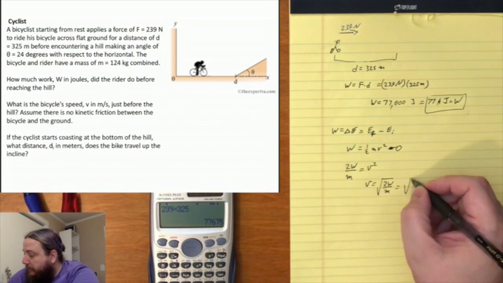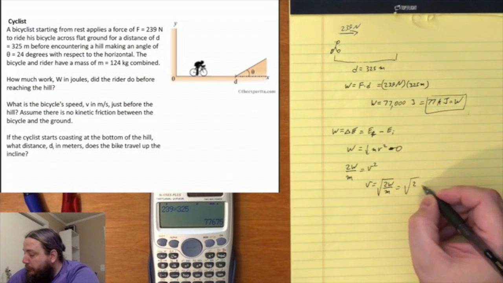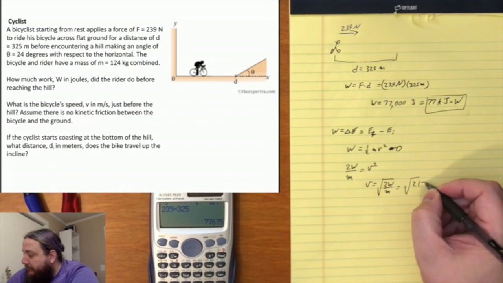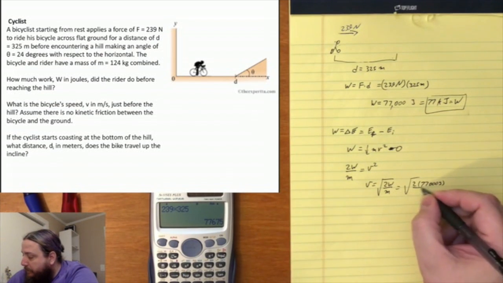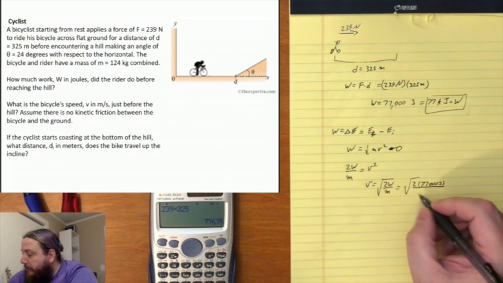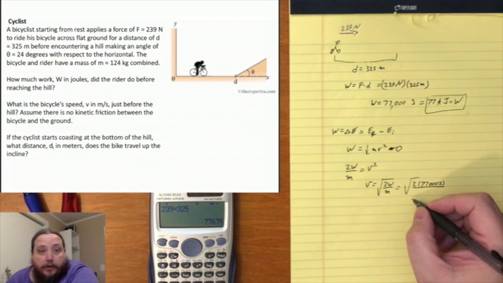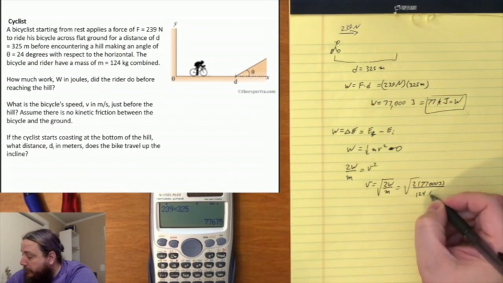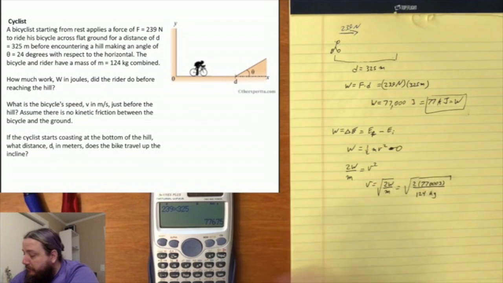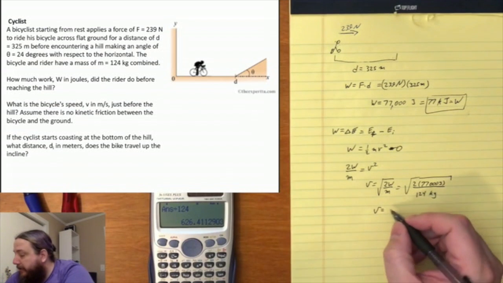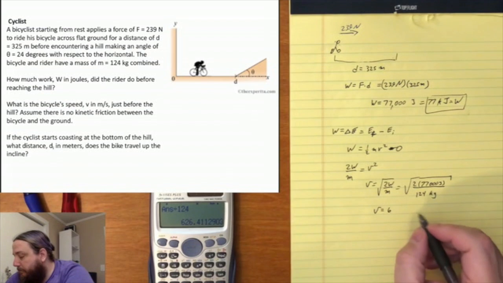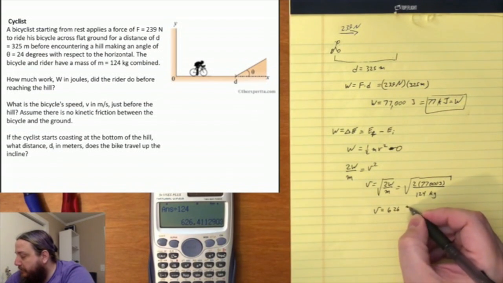So that's 2 times 77,000 joules divided by 124 kilograms, and that gives us a speed here of 626.